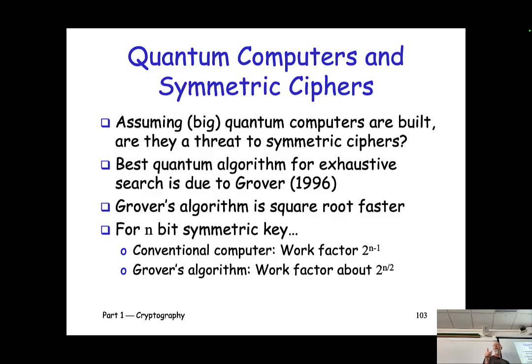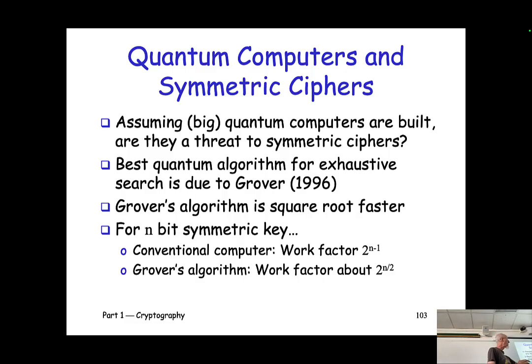It's designed by that guy on Sesame Street, Grover. Okay, Lou Grover. This guy designed this algorithm, and it does speed up the attack on symmetric ciphers. It's about a square root factor speed up compared to an exhaustive search on a symmetric cipher.